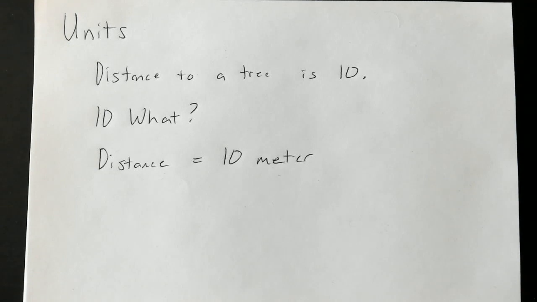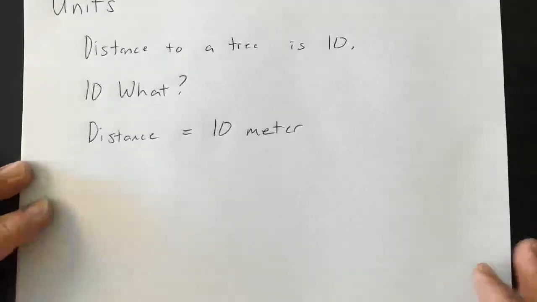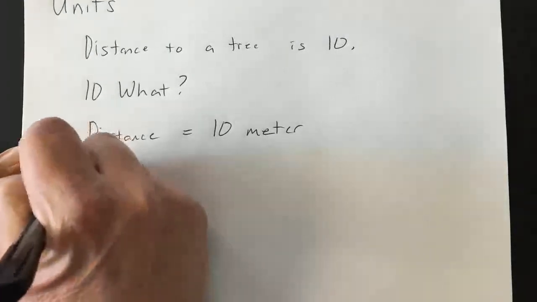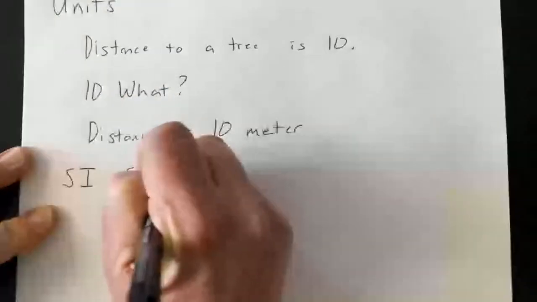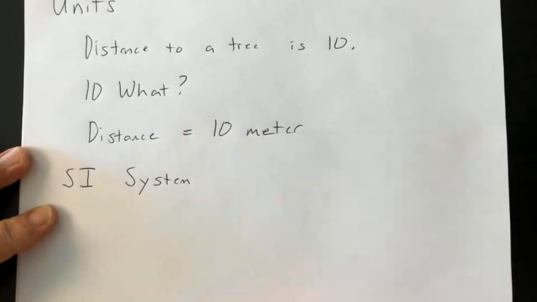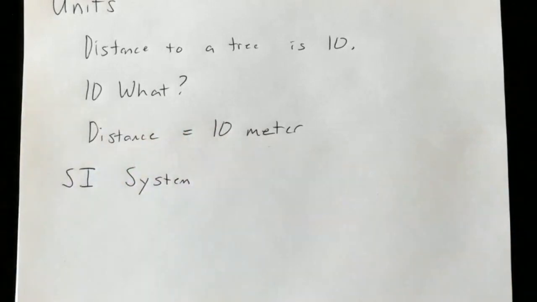Now, there are two major systems that are in use today. There are other systems as well, but the two major well-defined systems, and the one we're going to use in this class, is called the SI system. The SI system is simply the Système International, and I apologize for mangling the French there.